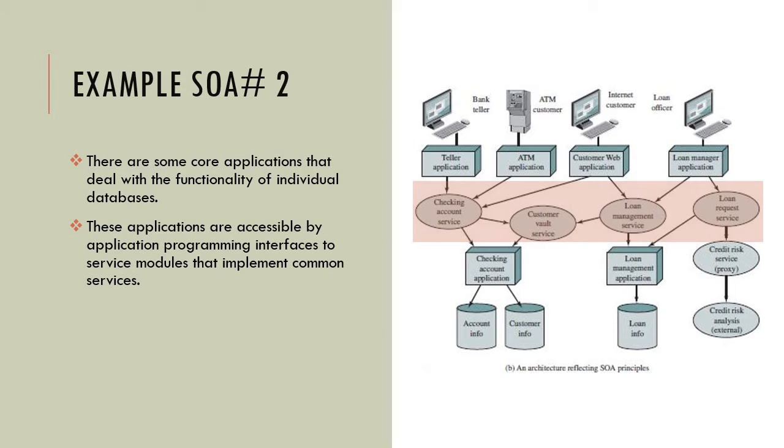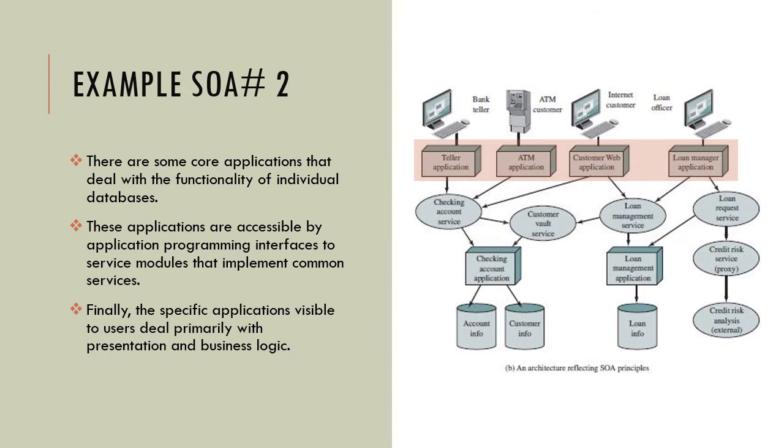These applications are accessible by application programming interfaces to service modules that implement common services, and these service modules are now highlighted in the diagram. Finally, the specific applications visible to users deal primarily with presentation and business logic.